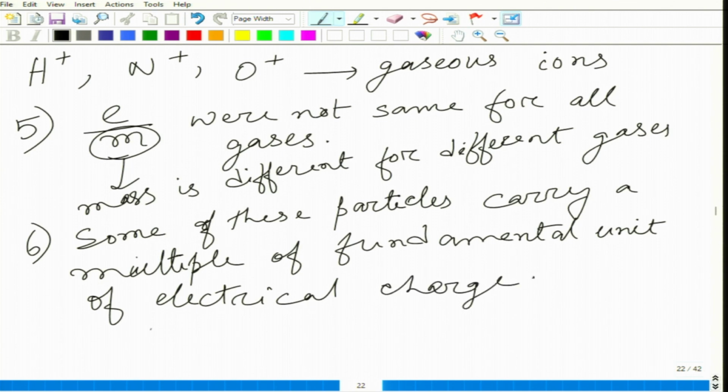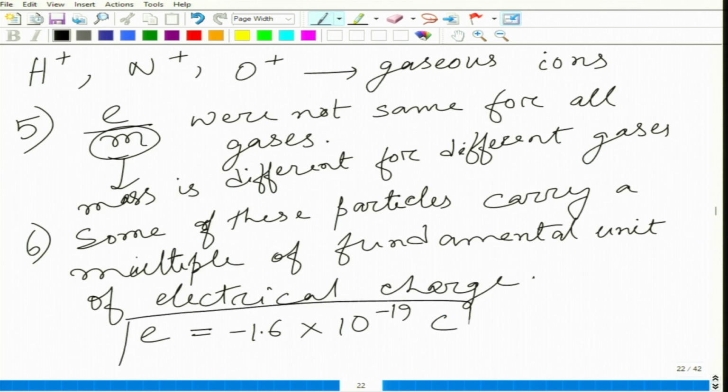What is the fundamental unit of electrical charge? The charge of one electron is minus 1.6 into 10 to the power minus 19 coulomb. This was the charge of an electron. So, this is the fundamental charge.